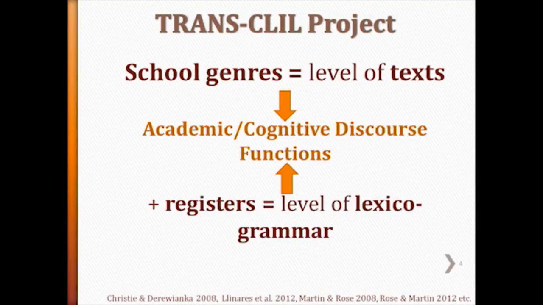And we think Christiane's model of cognitive discourse functions is a nice way of linking the two. So what do they need to realize in terms of cognitive discourse functions to express this specific academic content, and how do they do it?